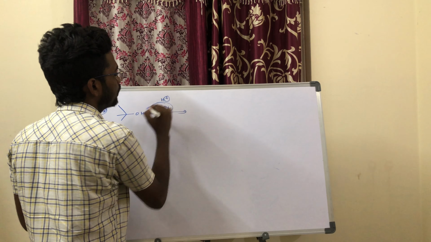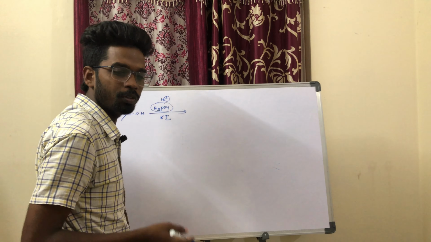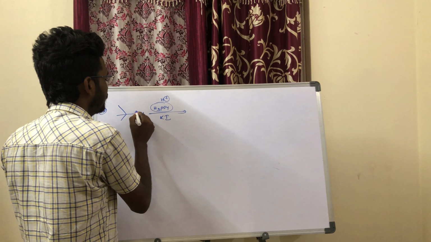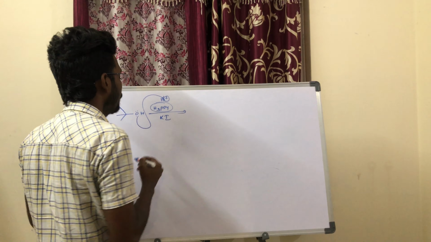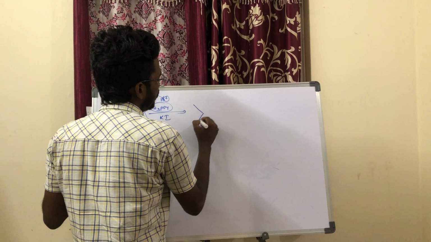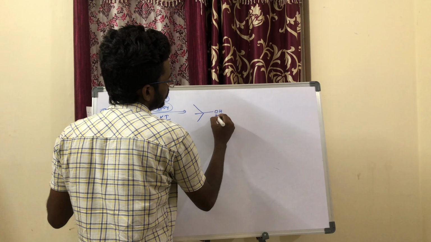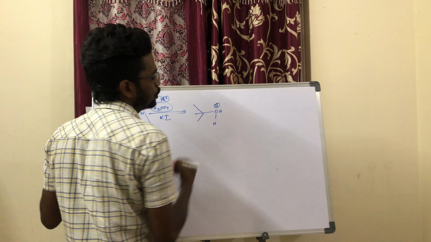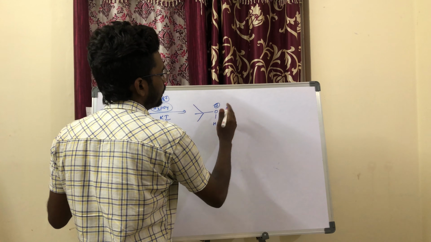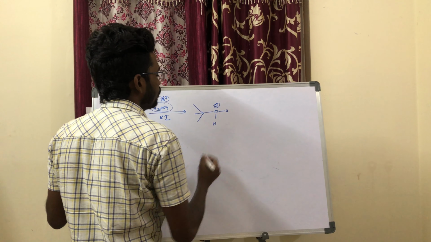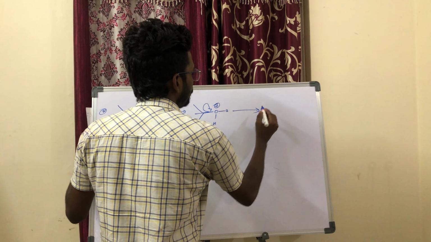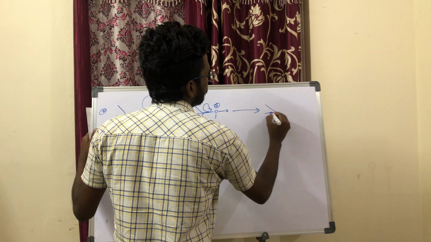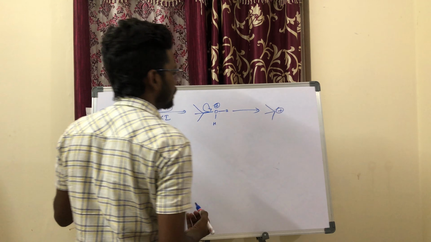An acid will give protons where required. This oxygen containing lone pair of electrons is going to take the hydrogen from here. Then you will get OH2 positive, right? You can write it like this. After that, this water molecule is going to leave, so you will get a positive charge here.